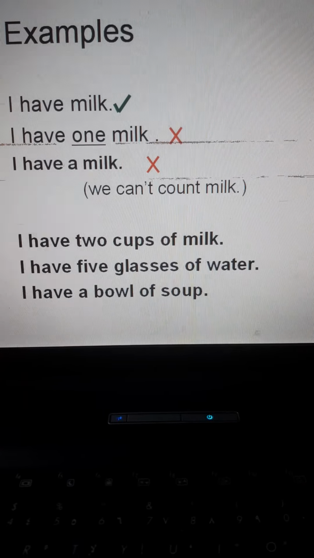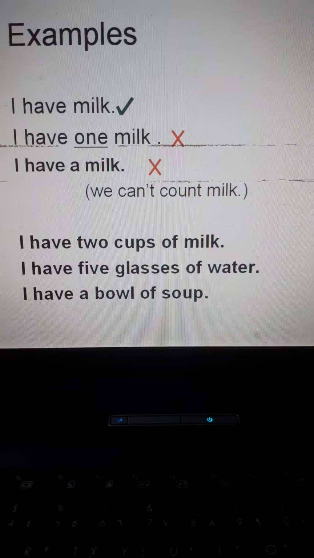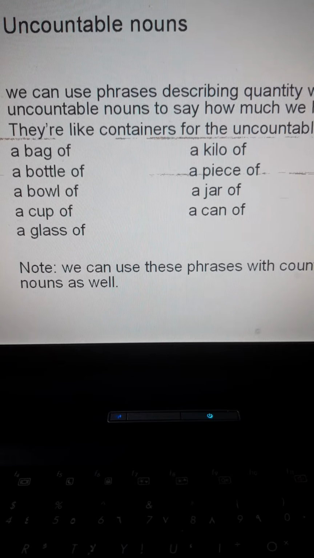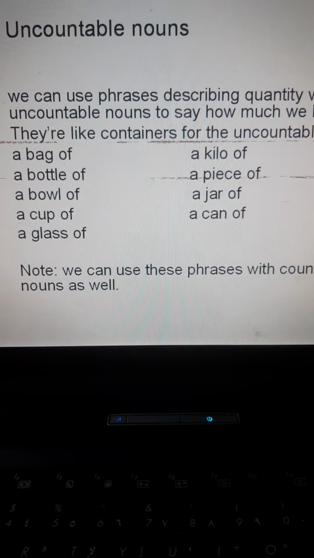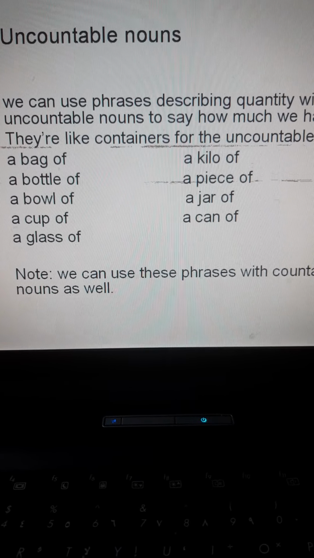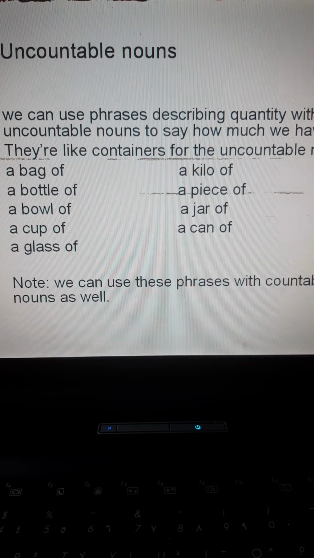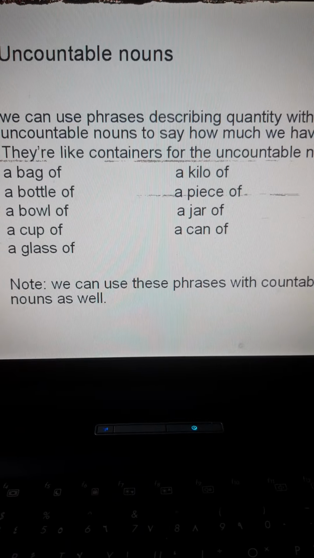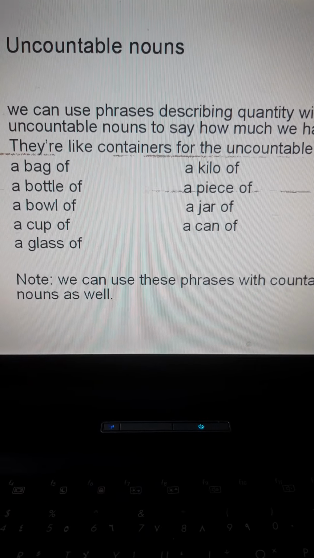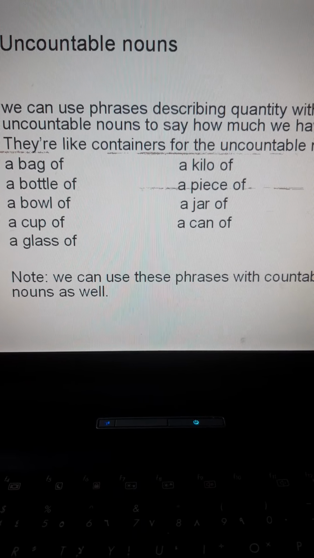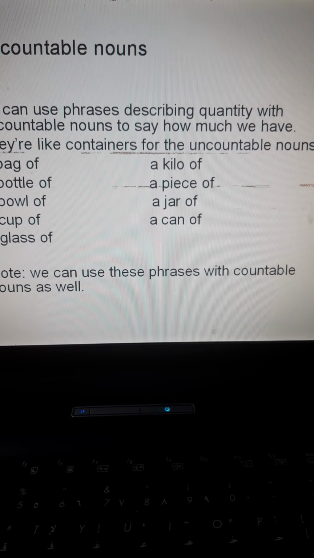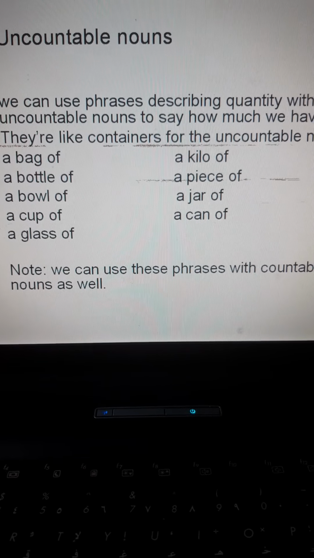Now, we use these phrases, this one here, okay, as containers for the uncountable noun, so we can give a number for them. Let's see the examples. Here, notice before that we can use these phrases with countable nouns as well.